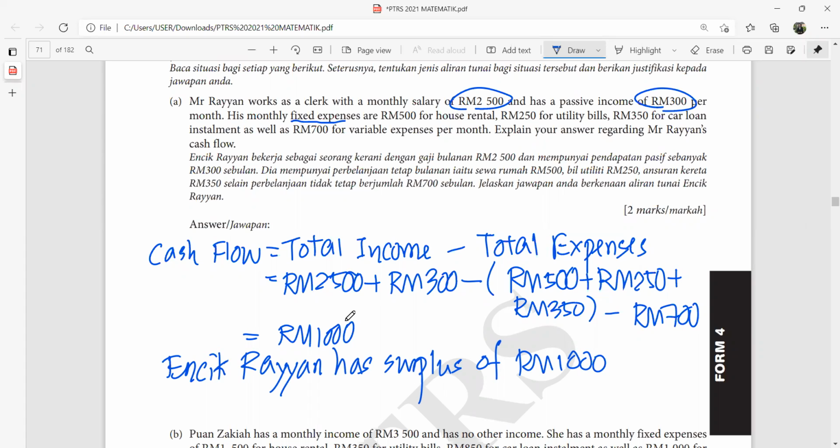Lebihan. Very good, well done, Yi Cheng. Wow, positive. You can write positive cash flow. You have to know how to write it. If, let's say, a negative value, cash flow means deficit.